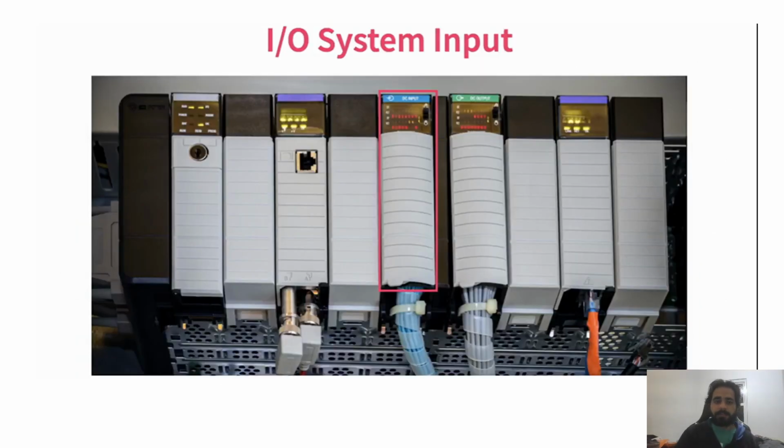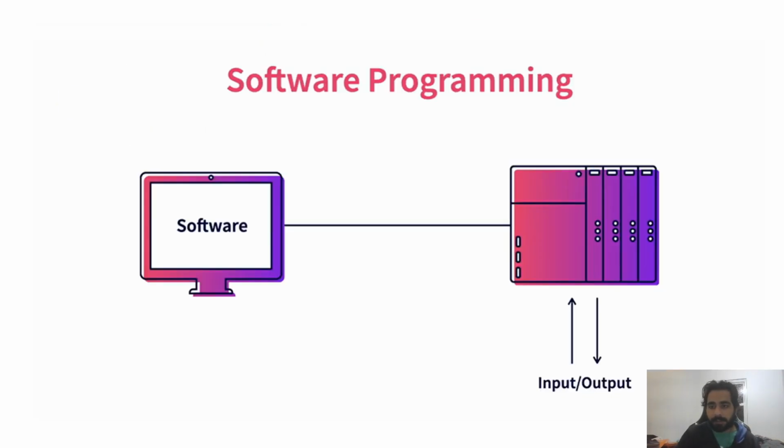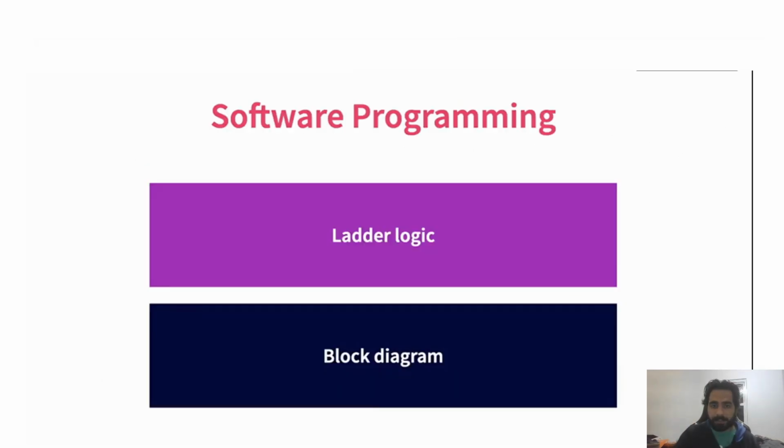And yes, these are some examples of input output systems. And the software will be interacting with the PLC and controlling it, and the PLC will be interacting with all the input and output devices connected with it.